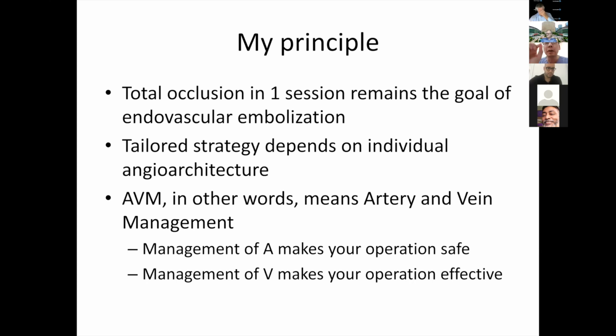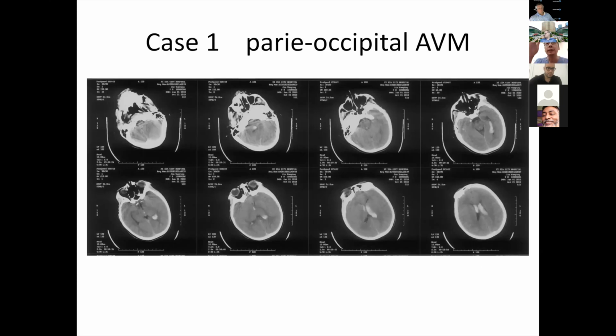The proper management of the artery makes your operation safe. Meanwhile, proper management of the venous makes your operation eventually effective. So the following are some cases, with different locations and different angio architecture. So I gave them individual embolization strategies.